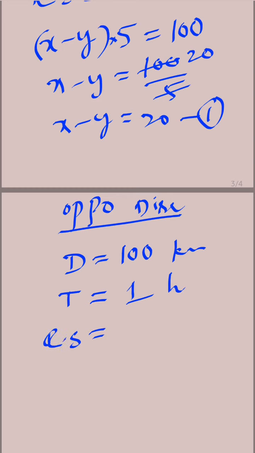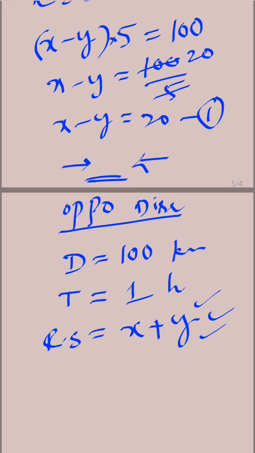When the cars are traveling toward each other, the meeting time is very short because both speeds must be added. That's the reason: x plus y is the relative speed if the cars are traveling in opposite directions. Opposite direction means we have to add their speeds.